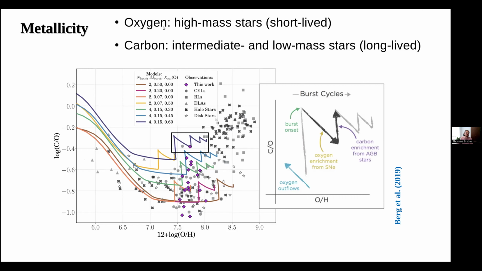That is because if we go to the nucleosynthesis of these elements in the stellar interiors, we see that oxygen is actually produced in high mass stars and released from high mass stars through supernova type 2 explosions, which are short-lived, as opposed to the carbon, which is of course also created in high mass stars, but mostly is found in intermediate and low mass stars, and it is released from these stars throughout the stellar evolution.